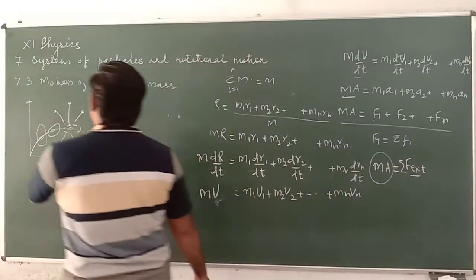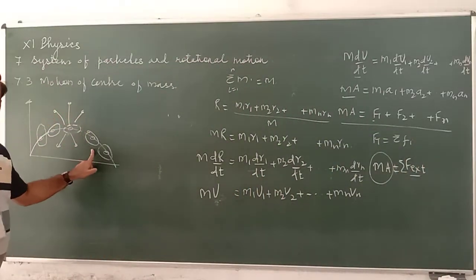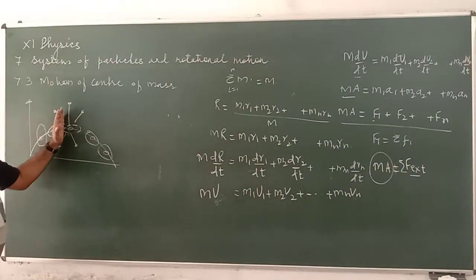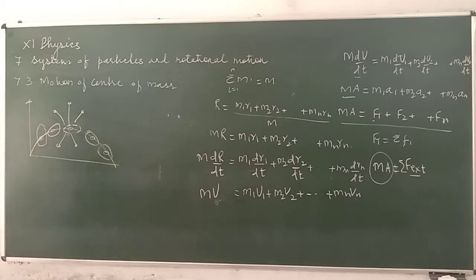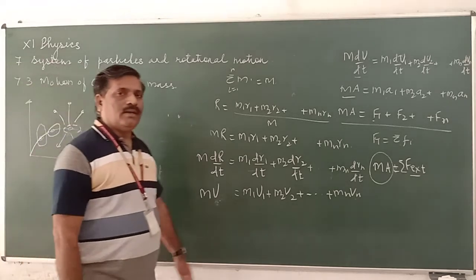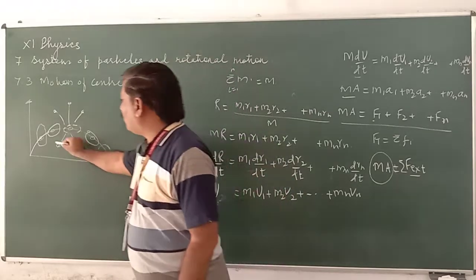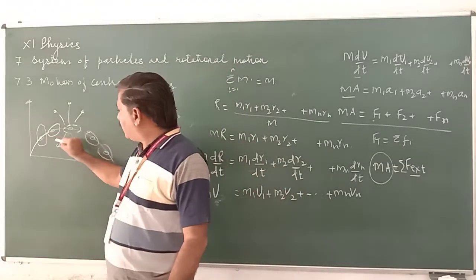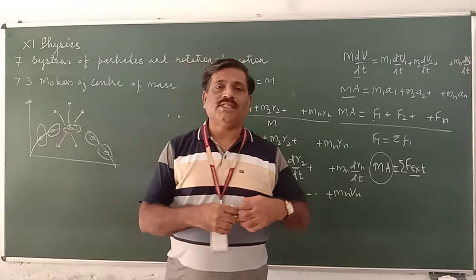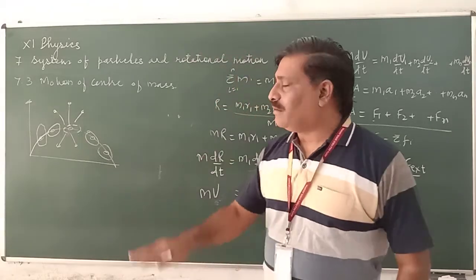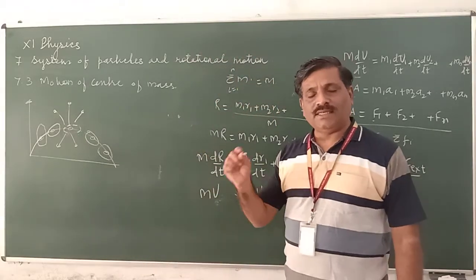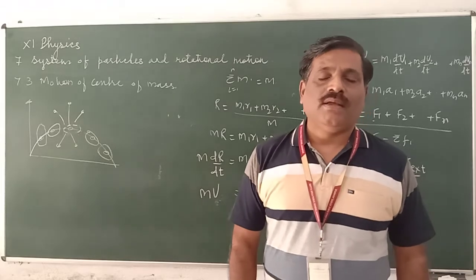For the next course of this motion, even though it is scattered into hundreds of particles, the center of mass of all these particles, this system, it is not the center of mass of this body now. It is the center of mass of all these scattered particles. It moves along the projectile path. Please understand the difference.